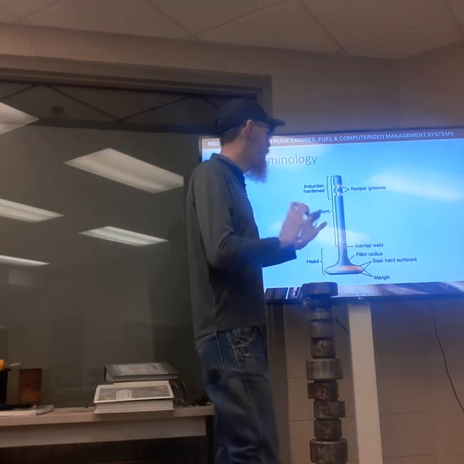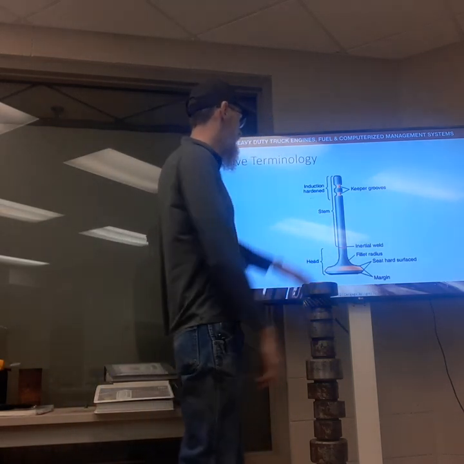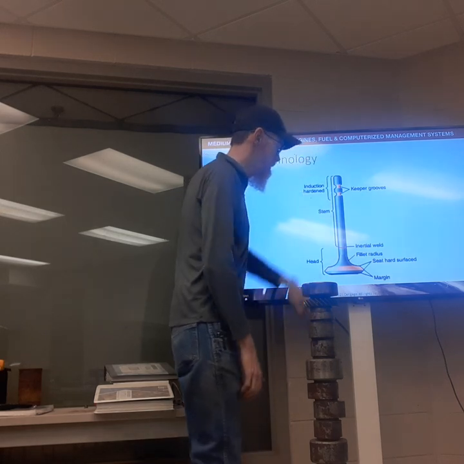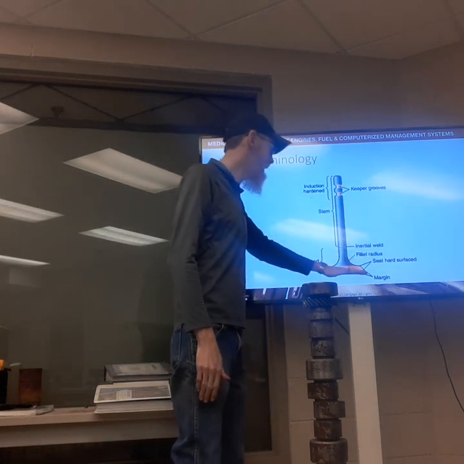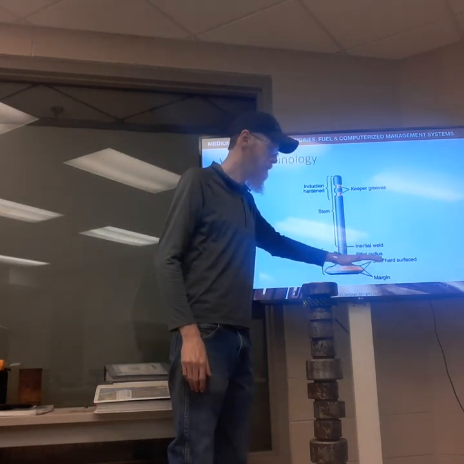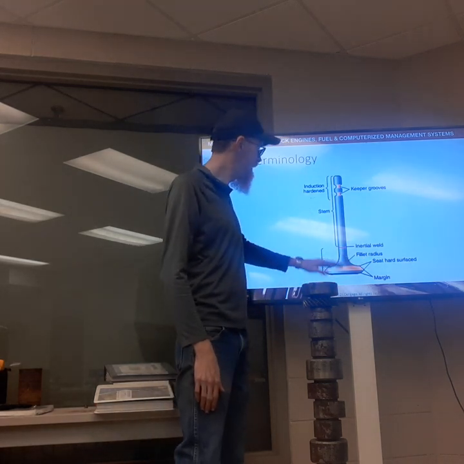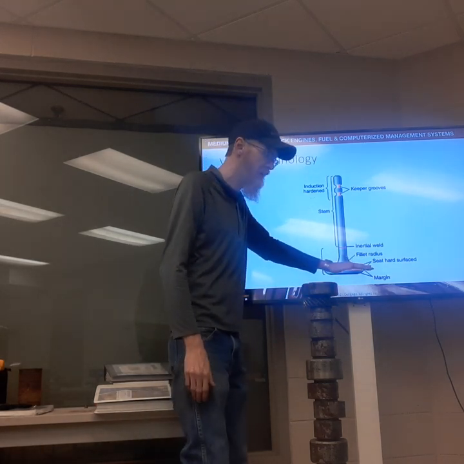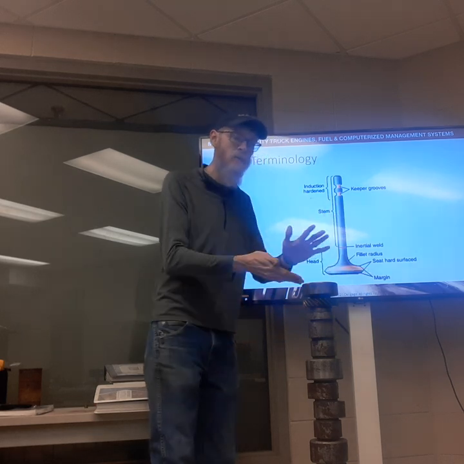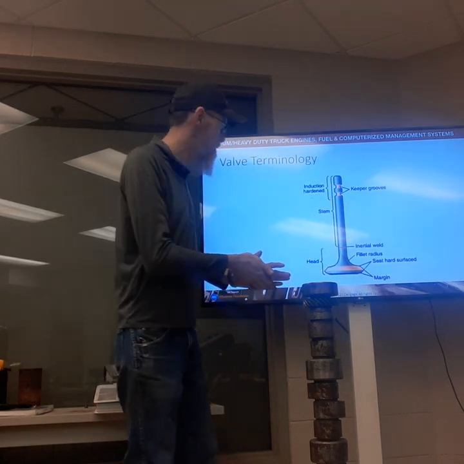The main parts I want to focus on here is the two ends. The head end is the valve itself. That's where we're going to open and close, and that is the end of the valve that actually needs to seal when the valve closes.